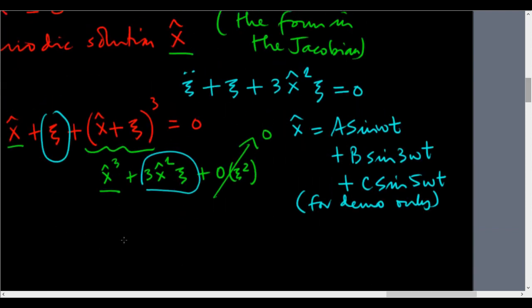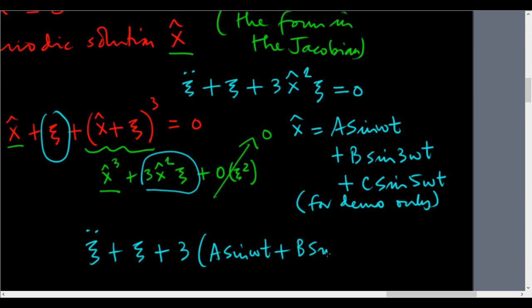Then what happens here is we get xi double dot plus xi plus 3 times (a sine omega t plus b sine 3 omega t plus c sine 5 omega t) square xi equals 0. You see?